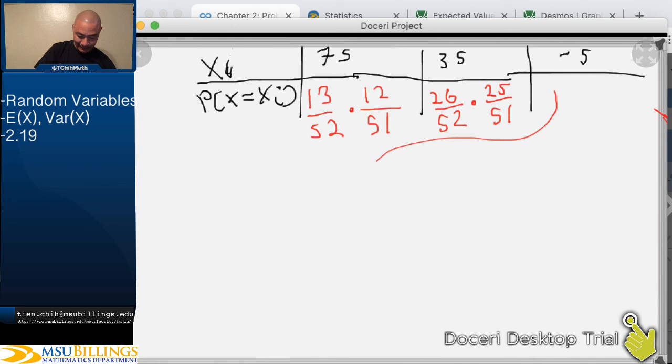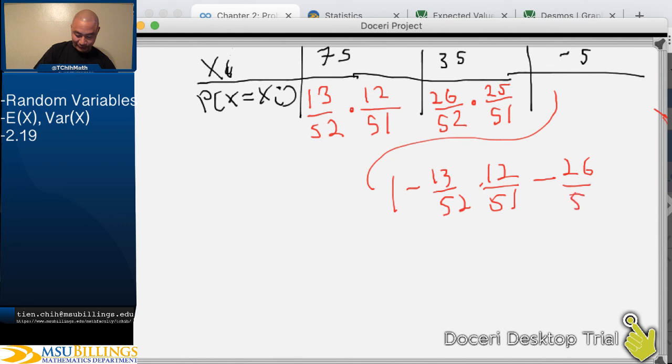So what this number is, is 1 minus 13 over 52 times 12 over 51, minus 26 over 52 times 25 over 51. Right? I mean, it has to be because the whole thing adds up to 1. And I don't need to go killing myself trying to count all the ways that that could happen if I already know all the other possible probabilities.